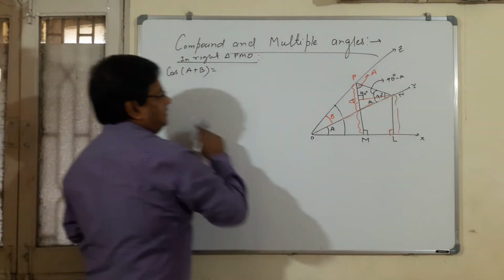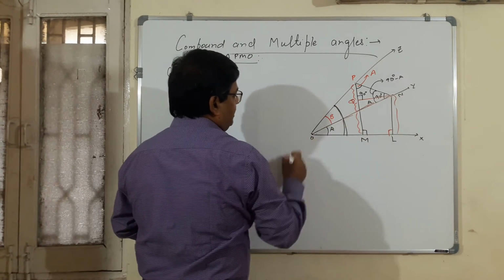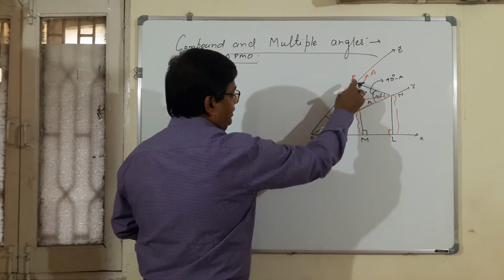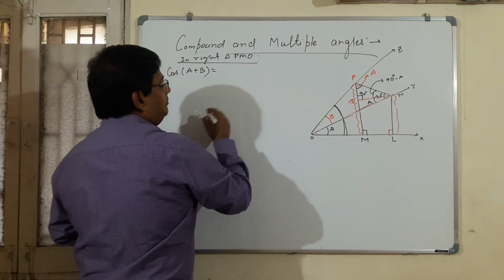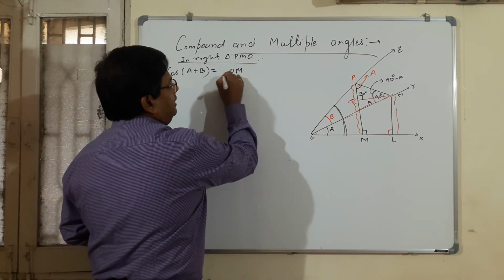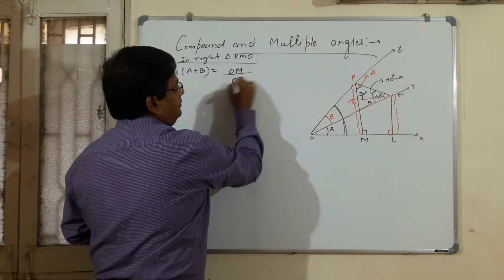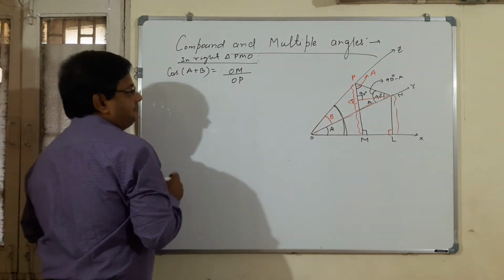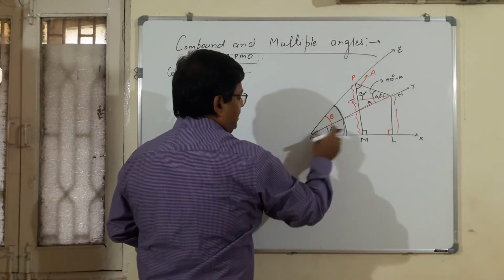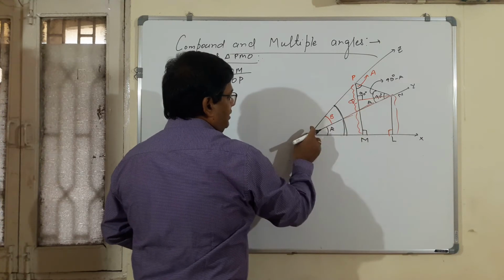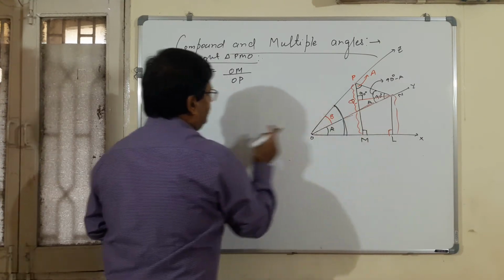So cos A plus B means this complete angle A plus B. Base is OM, base over hypotenuse. Hypotenuse is OP, because this is the perpendicular, this is the base and this is the hypotenuse of PMO.